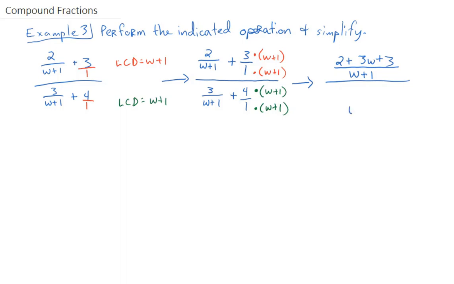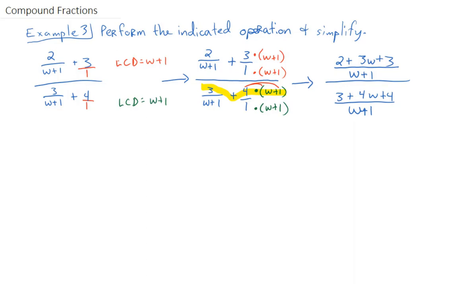In the denominator, I'll have w plus 1 for the denominator of my denominator. And then I'm going to do the math across the numerator that's in the denominator. And just like in the numerator, I'm going to distribute this 4 as I go. This is going to give me 3 plus 4w plus 4 in the numerator of the denominator.